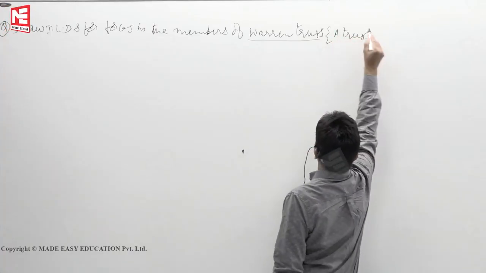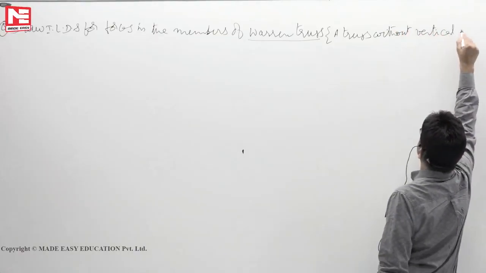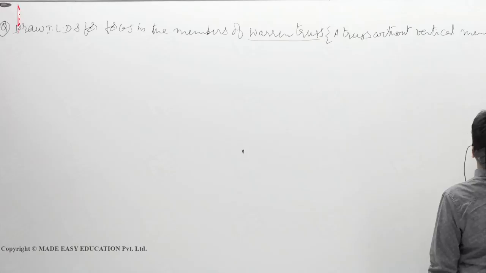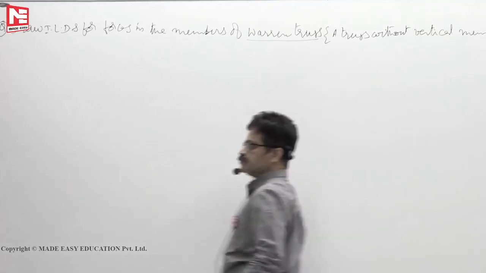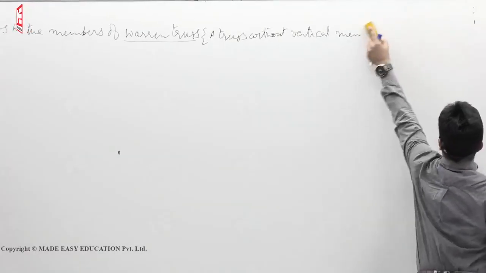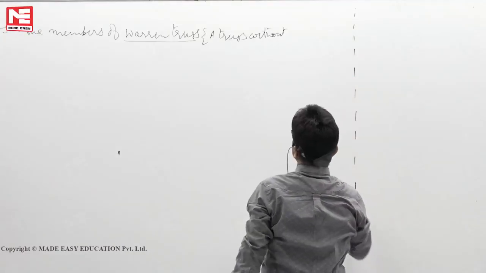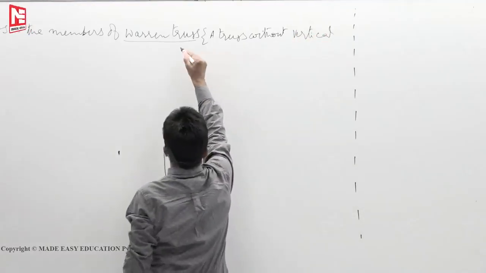Warren Truss means a truss without vertical members, as shown in the figure. A truss without vertical members.